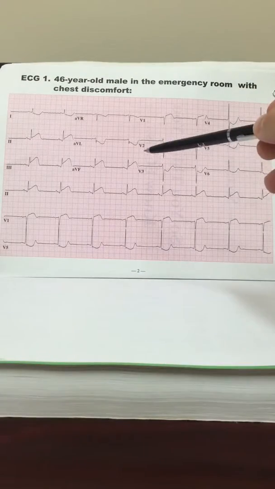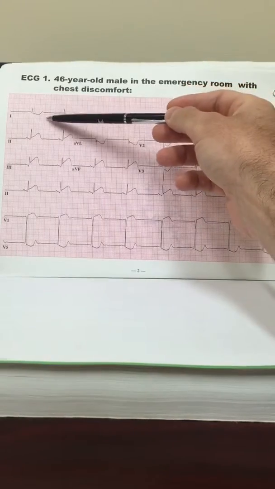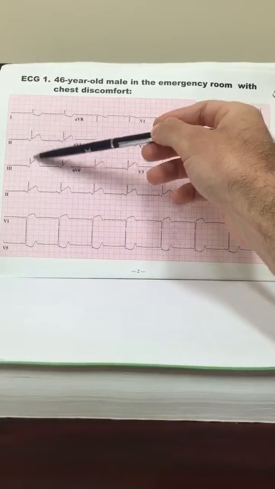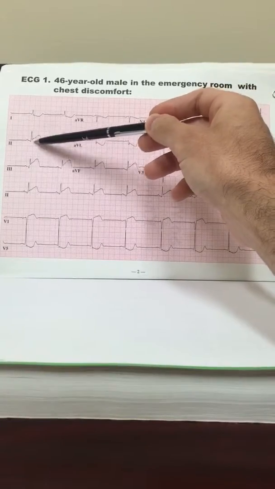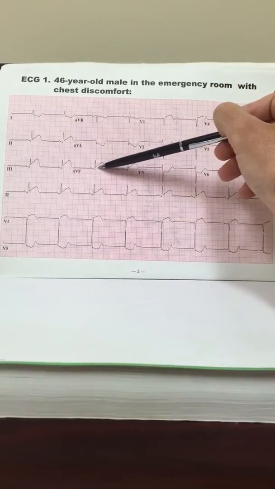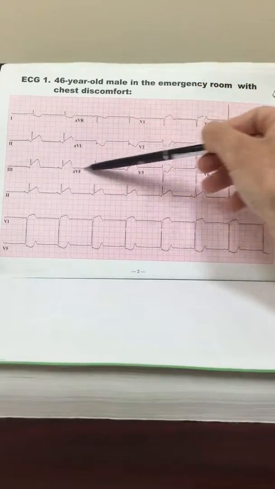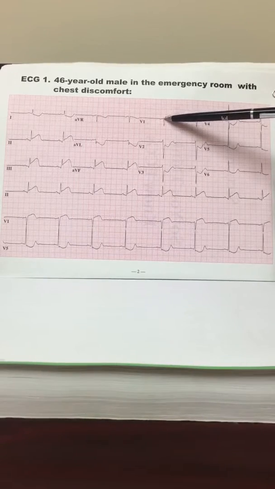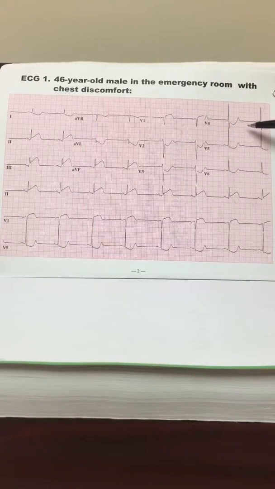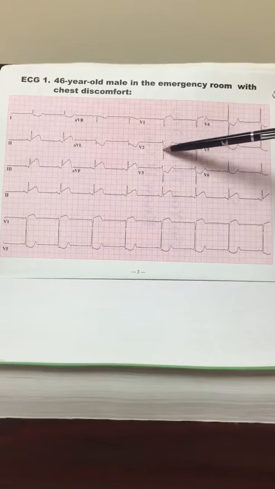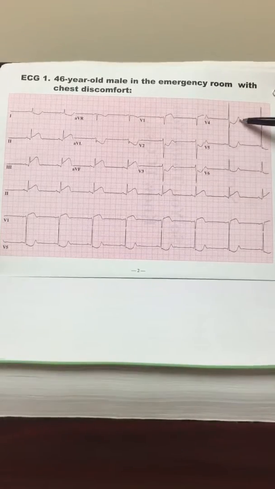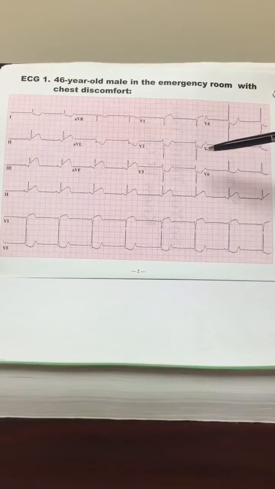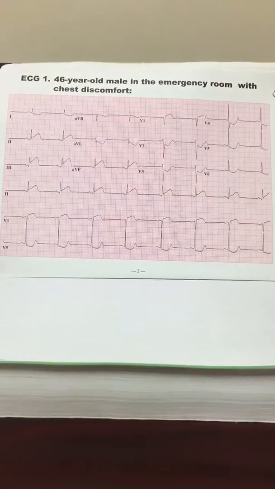When looking at the ST segments, I notice in 2, 3, and AVF there's elevation of the ST segments, and also a little bit of elevation in V1. And we then have depression in V2, V3, V4. Yeah, V2, 3, and 4 have some slight depression, and also lead 1.